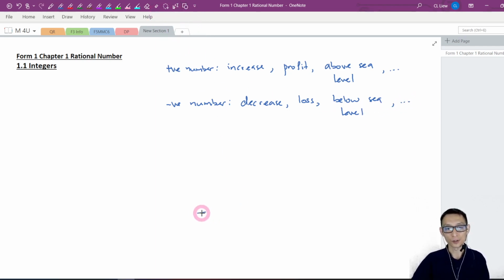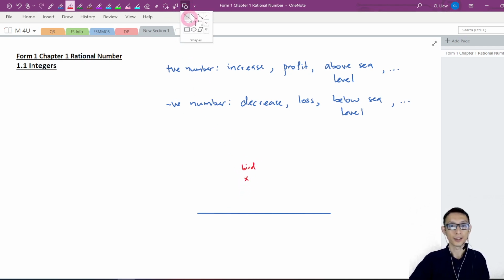Let's say this is the surface of the sea, and we have a bird flying above the surface of the sea. Let's say this is a bird, and the distance of the bird from the surface of the sea is 100 meter.